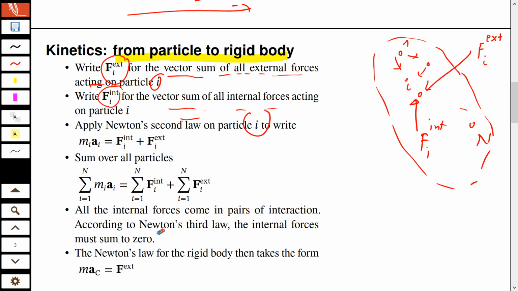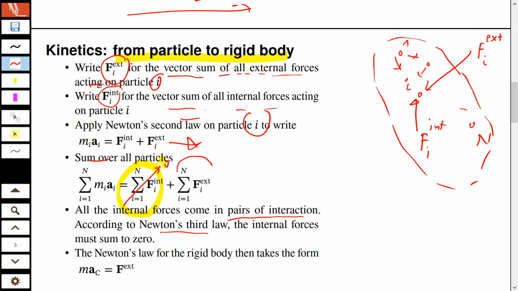And because my actual goal is not to write the equation for a particle, but for this whole rigid body, I can now sum all these forces over all particles. Now I can see that the internal summation will actually be zero. Why? Because all the internal forces must come in pairs, and according to the third law, they will just cancel out.